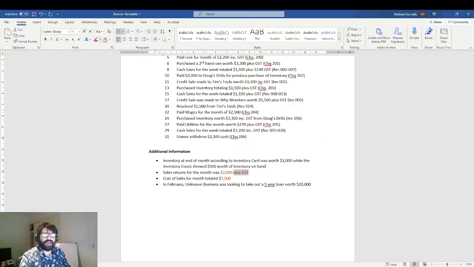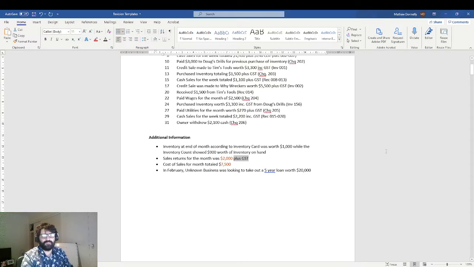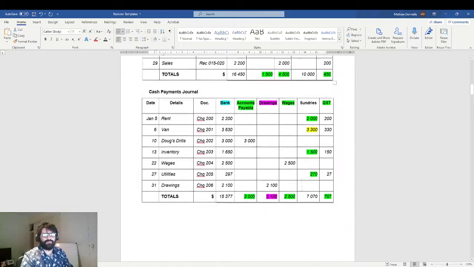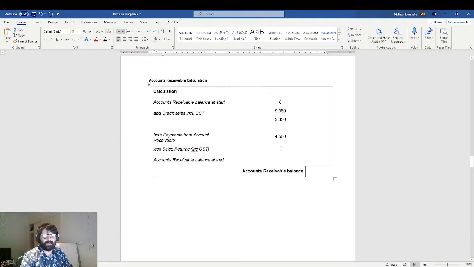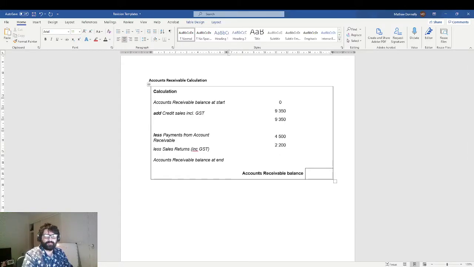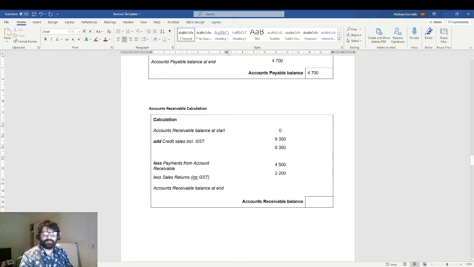So we would add $200 because 10% of 2,000 is 200. So it becomes 2,200. Just give me a moment to get back down there. 2,200. And the amount now is, let's bring up the calculator.